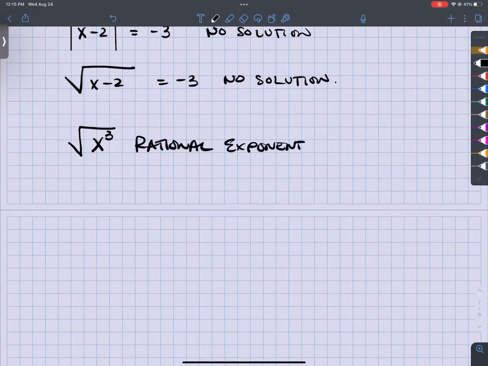What would it be? Unless the question is, rewind, what the heck is a rational exponent, which is fine too. Rational exponent means a power, right? Rational just means a fraction. So a power that is a fraction. So how do I write that radical, the square root of x to the third, as a fraction power?